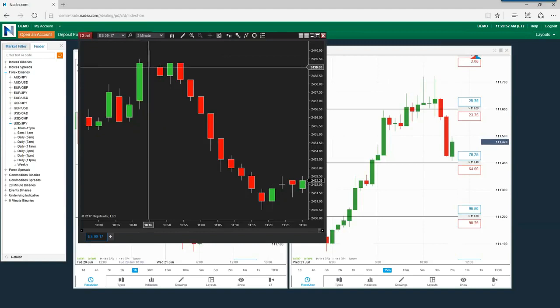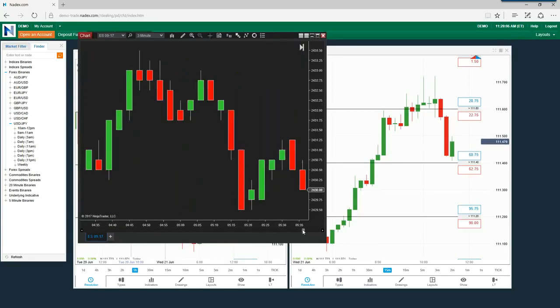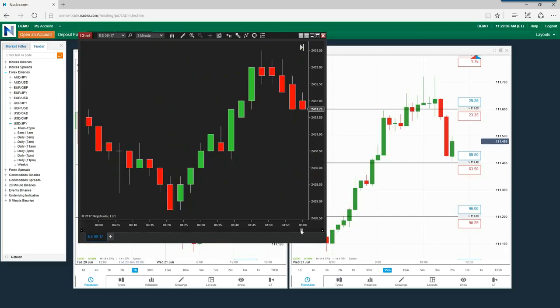So at 10:30, the opening price was 24.39, but the close of the previous bar was 24.39.25. Now, if you really want to see extreme cases of it, just look at the ES. Usually overnight, you'll see a lot of gaps in price. Here's one here. This one closed at 24.31, but it opened at 24.31.50.